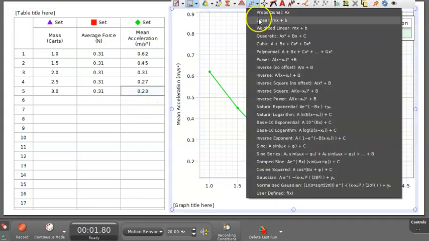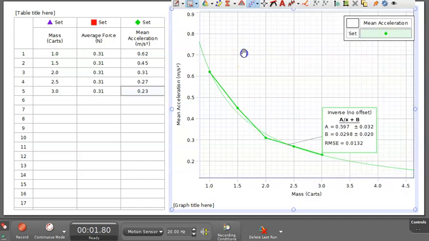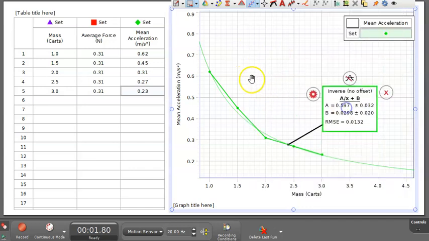There's linear. Let's go down to inverse with no offset. We click on that, and we see it's a very, very close fit. It has to be an inverse because if it's linear, that means there's got to be some point where, if the mass is big enough, the acceleration would be negative, and that makes no physical sense.